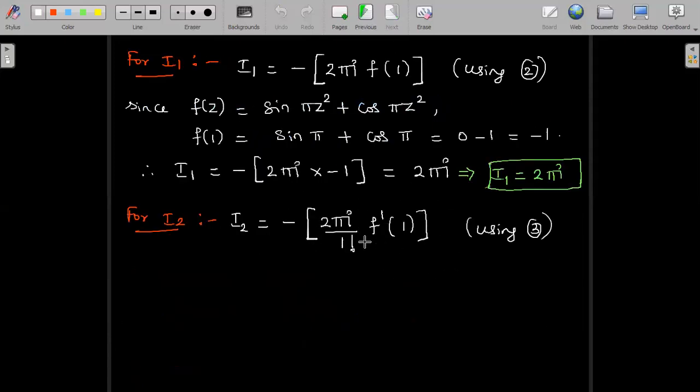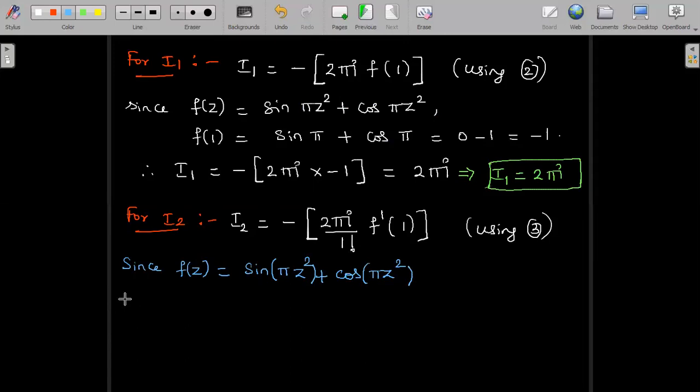Now in order to evaluate f dash of 1, I have to consider f of z and differentiate first. Okay, let me do that first for you. So since f of z is equal to sine pi z square plus cos pi z square. This is f of z for us, and observe this is sine of pi z square, as well as within the cos function we have cos of pi z square.